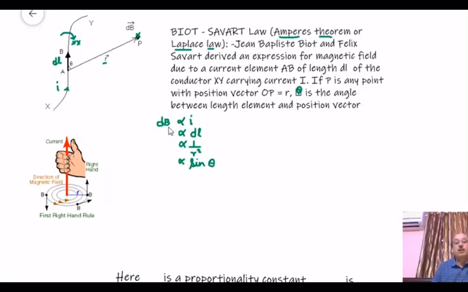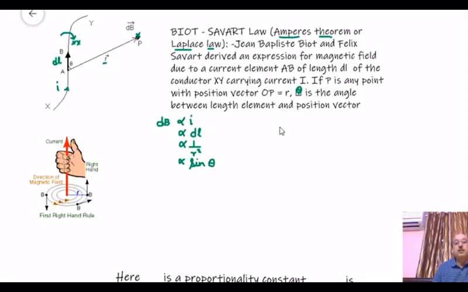So the magnetic field at point P is proportional to current, proportional to the length element, inversely proportional to the square of the distance, and directly proportional to the sine of the angle between the element and the line of joining.